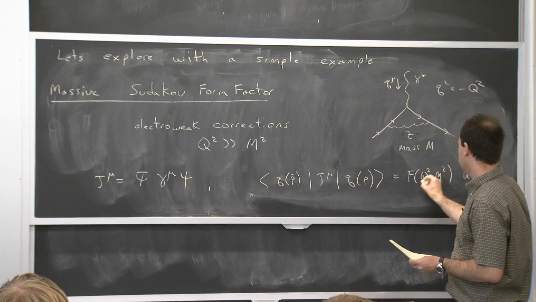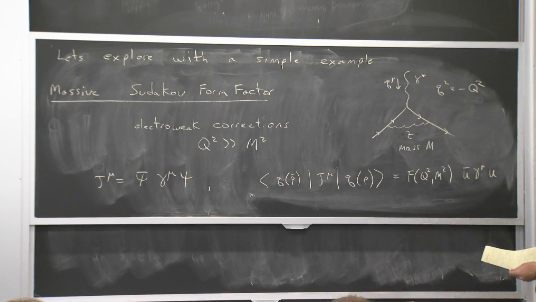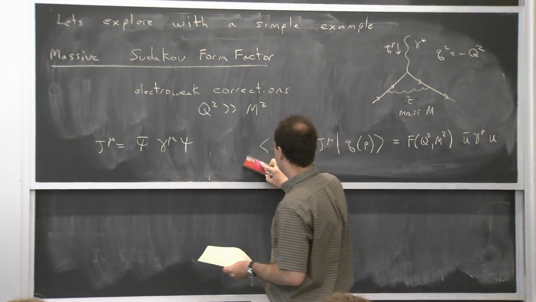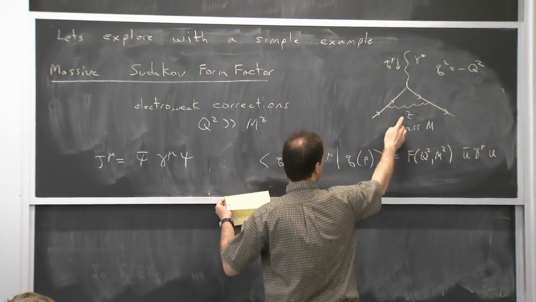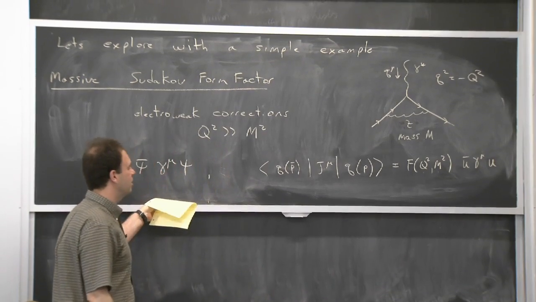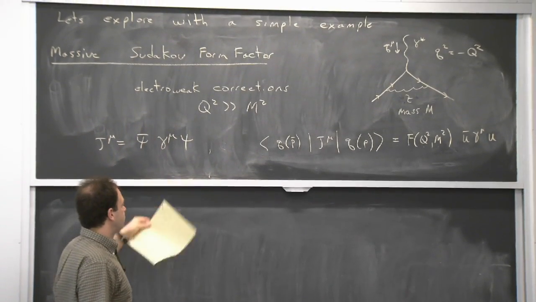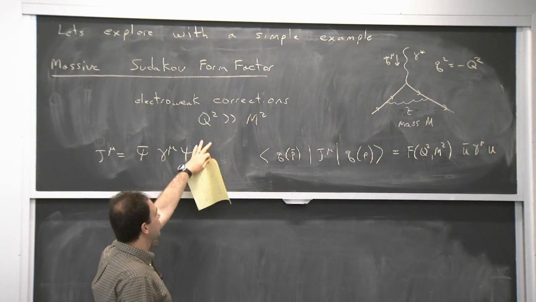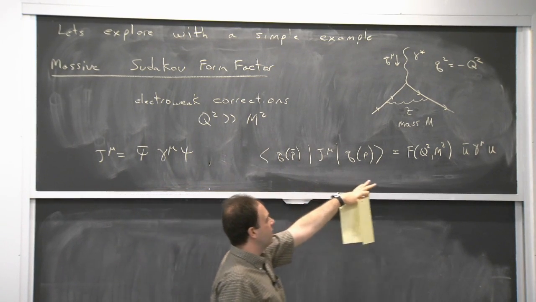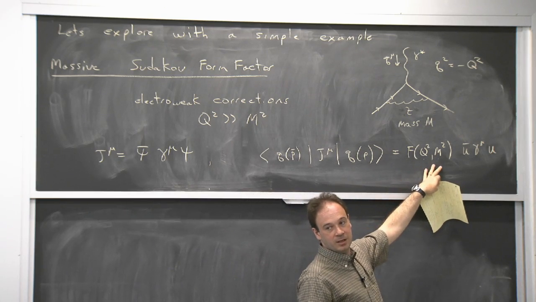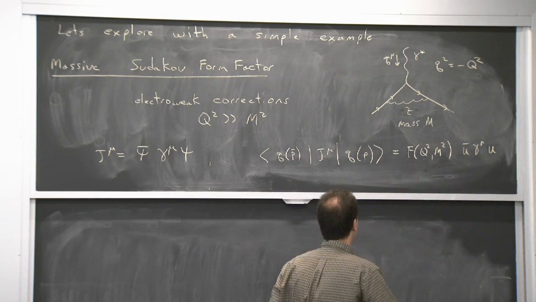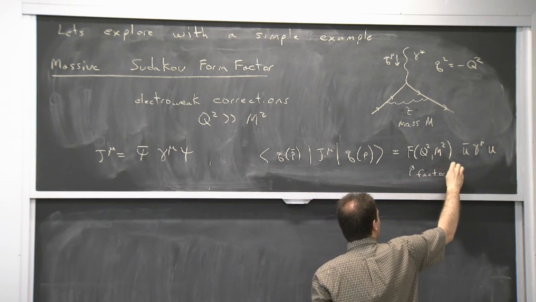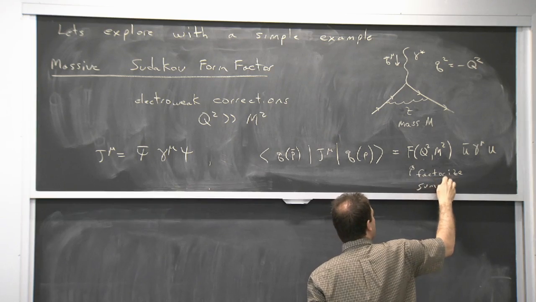So really the dependence is encoded in this f, which is a function of q squared and m squared. M squared is acting kind of like an infrared regulator, so for this Z boson there's no soft singularity associated to it. What you'd like to do in this process is factorize q squared and m squared, i.e. expand this in q squared and m squared and maybe some logs of q squared and m squared. So we want to factorize some logs.